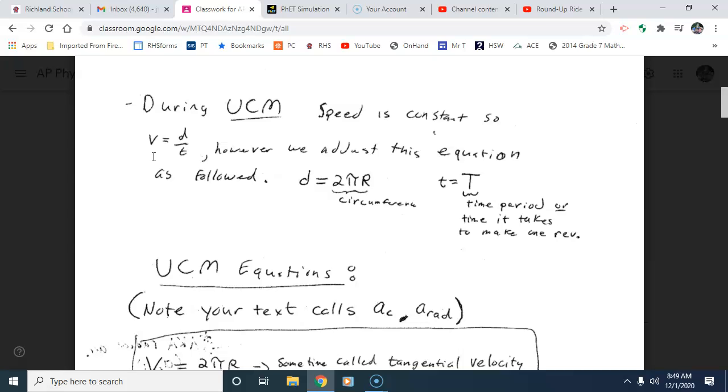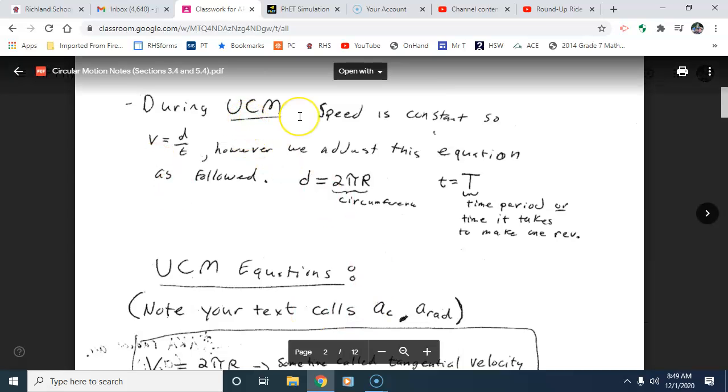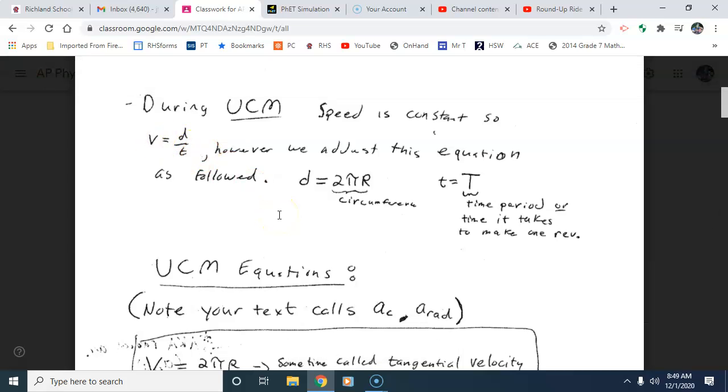So if something's undergoing uniform circular motion, remember that means speed is constant. So if we use a formula like v equals d over t, it's not only better than an average, it's instantaneous.